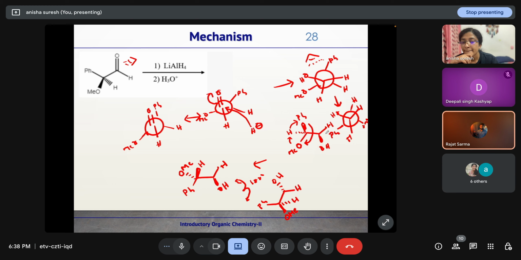Otherwise, for normal subjective exams, you can write this as the product as well. This is the way the Felkin model progresses, right? Yes. So, ma'am, the correct option was the one that you told, no? The previous one? This one.